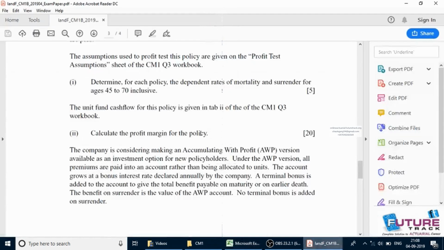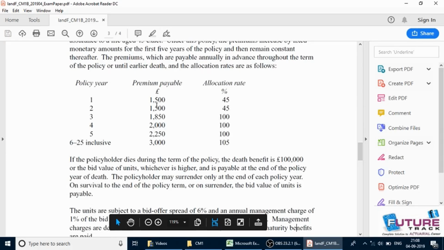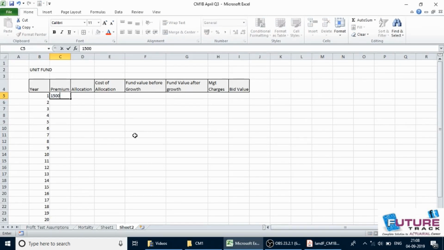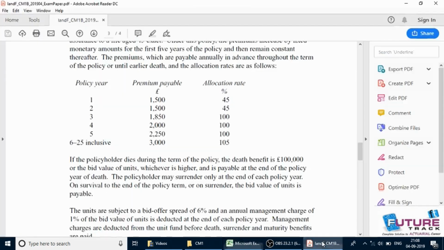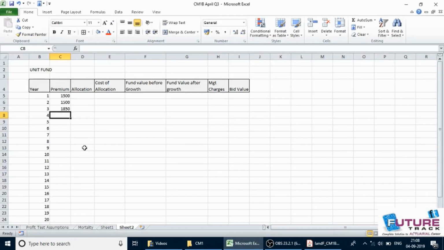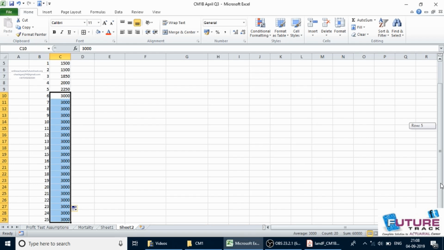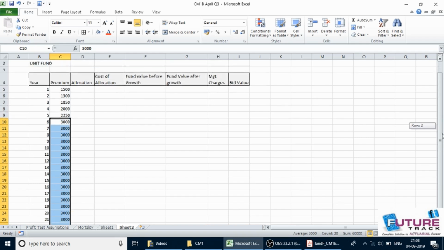Premium we have been given for the first year, it is 1500, second year 1500, then 1850, then 2000, 2250, then 3000, and from the 6th year it is 3000 onwards. So double click this. So till the 25th year we are getting 3000 rupees premium.